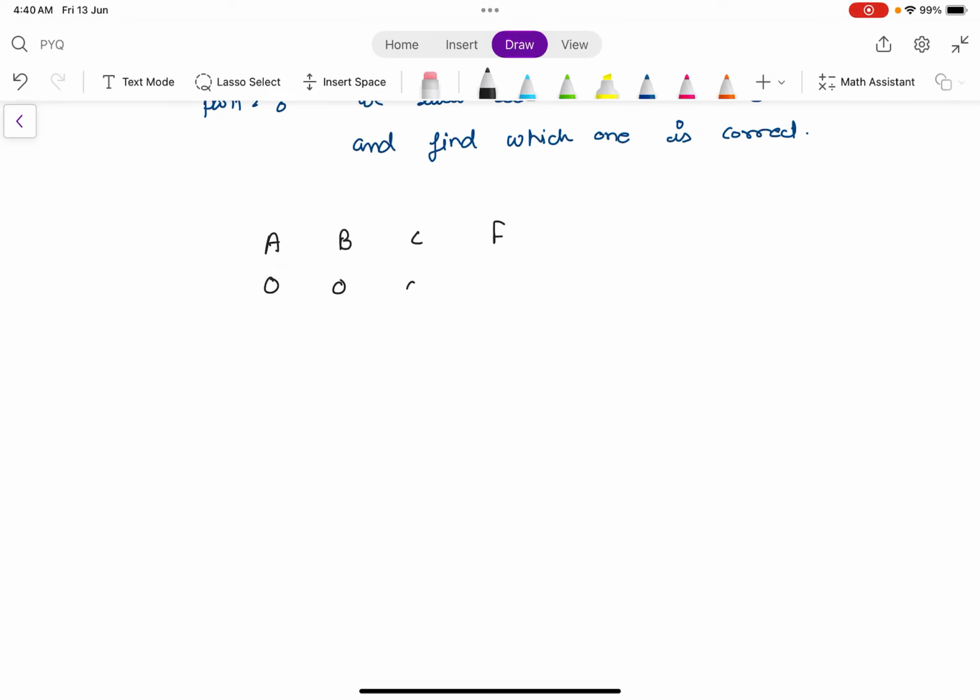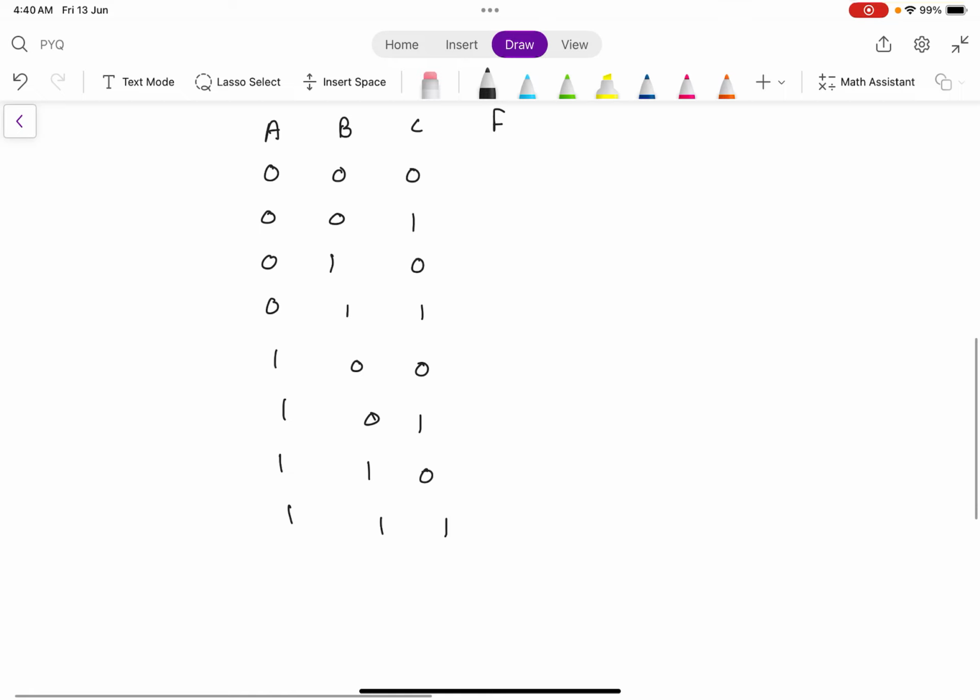The truth table inputs are 000, 001, 010, 011, 100, 101, 110 and 111. It says that output is logic high when two or more of the inputs are logic high.